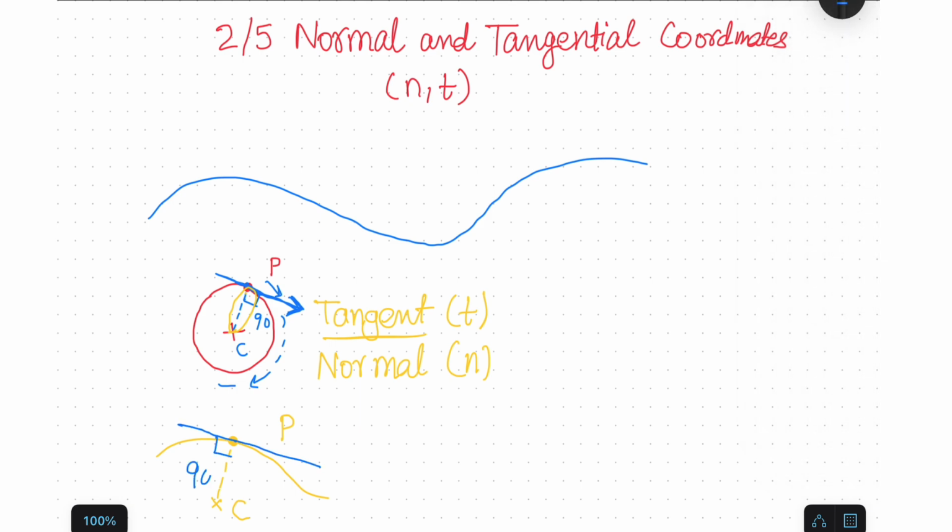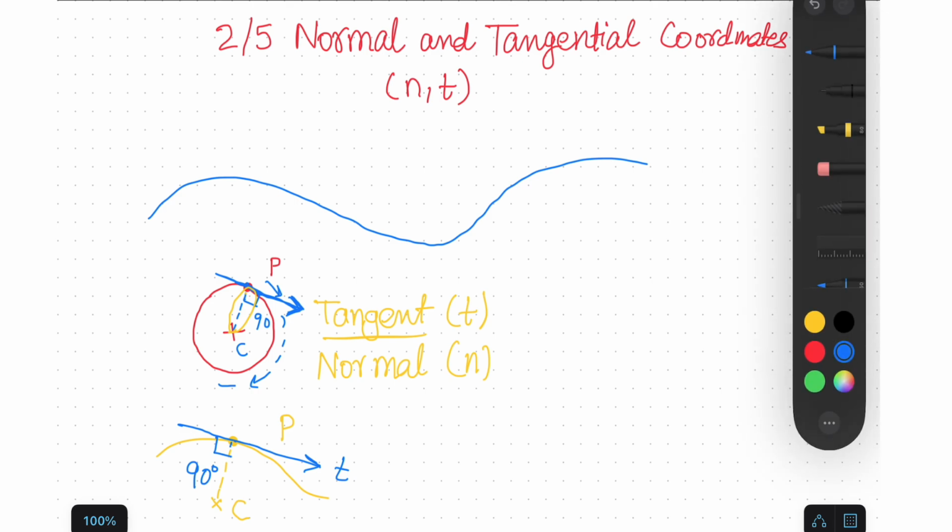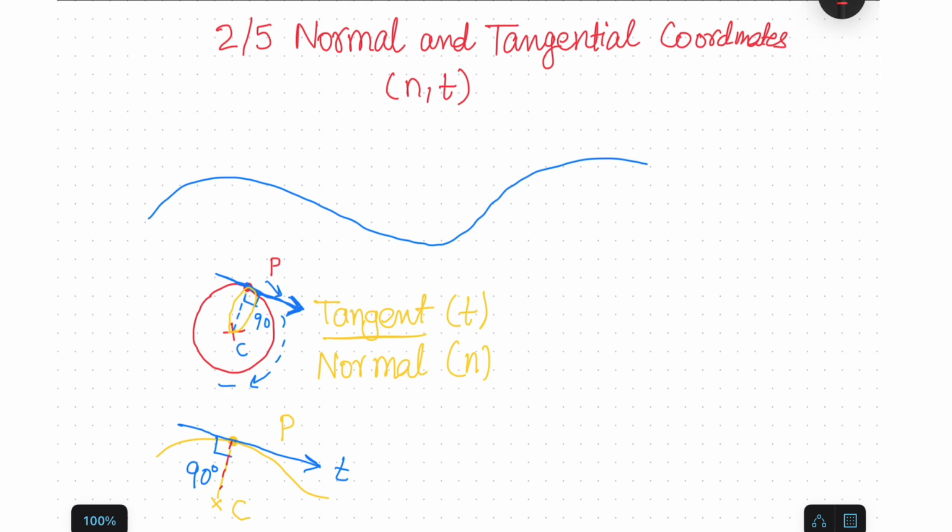This is the tangent T, and the line perpendicular to it is called the normal line. So now you have the concept of n and t.